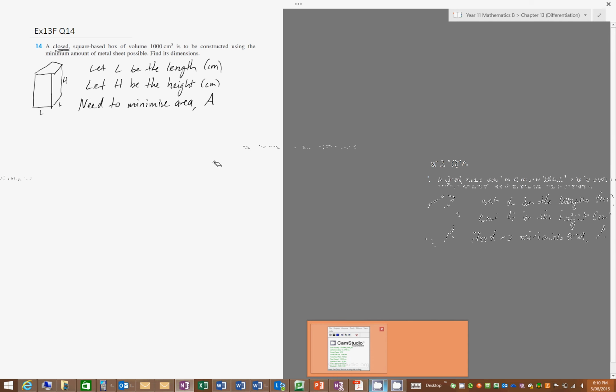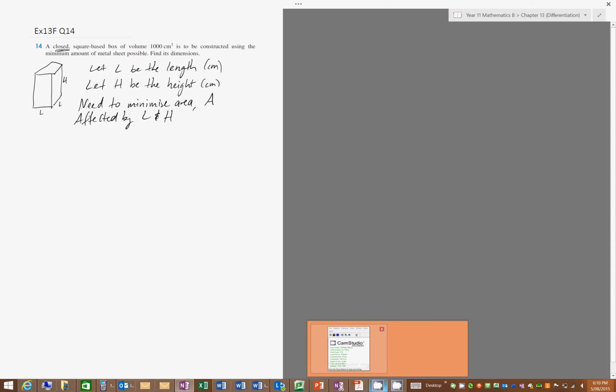Okay, it's going to be affected by L and H. The different lengths and heights of this box means we're going to need different amounts of metal sheet. Okay, write some relationships between the variables.